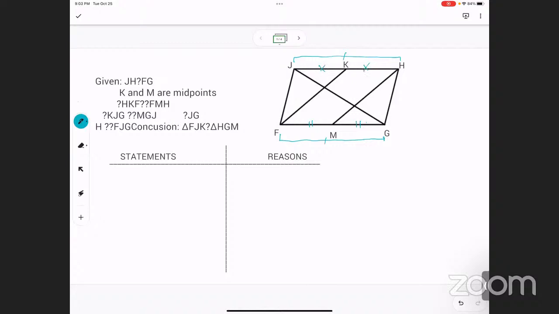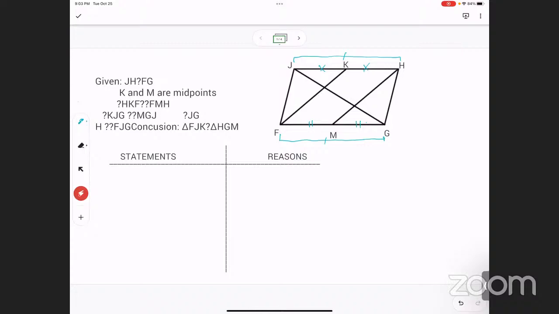Now, I do know I can prove that those are actually equal to each other, and I believe it's the division property. Is that right?